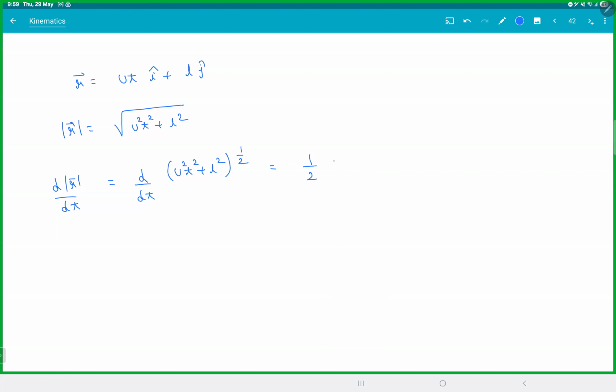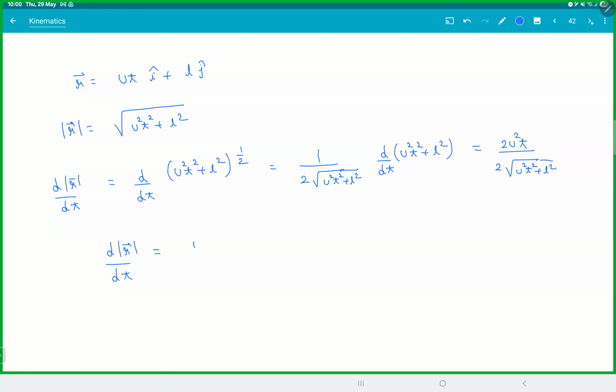Half into this will become 1 over root over u square t square plus L square into the derivative of whatever is inside, u square t square plus L square. This will be 2u square t by 2 root over u square t square plus L square. So we get d mod r by dt is nothing but u square t by root over u square t square plus L square. I can write this in a more beautiful form.